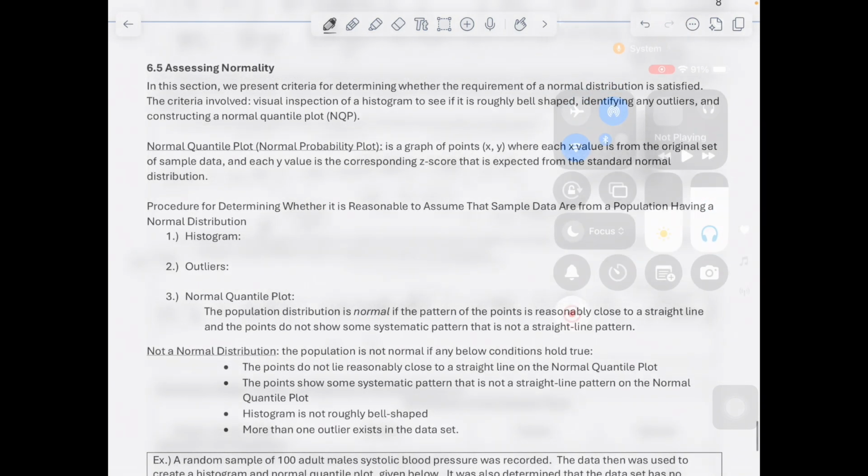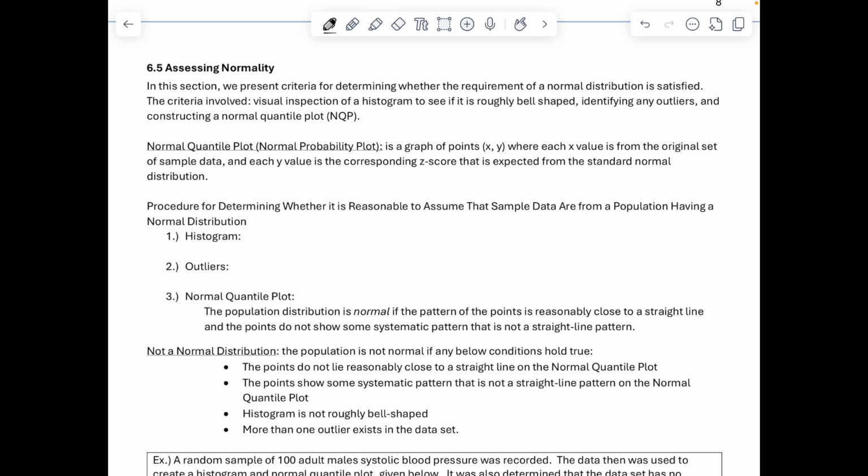The next section that we have is 6.5, which is assessing normality. It says in this section, we present the criteria for determining whether the requirements of a normal distribution is satisfied. The criteria involves visual inspection of a histogram to see if it's roughly bell-shaped, identifying any outliers, and creating a normal quantile plot, which is also abbreviated as NQP.